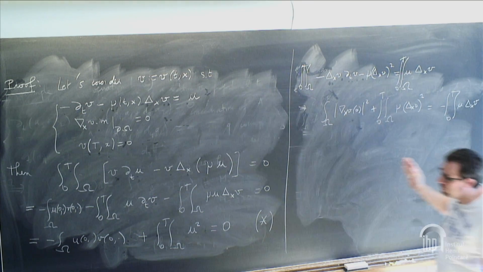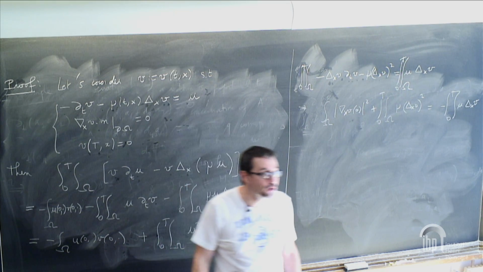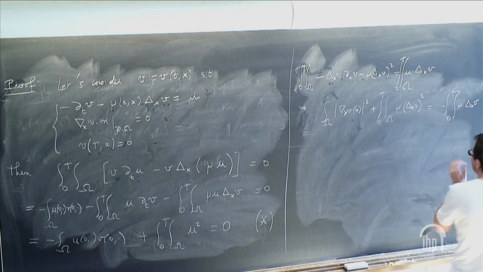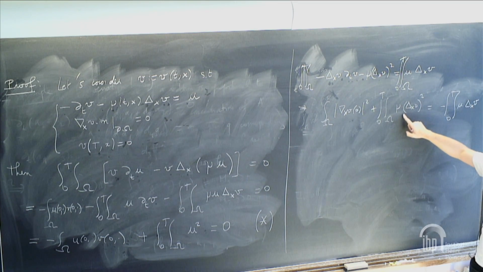So we are still far away from knowing what is v at time 0, but actually we'll be going in the right direction because you can see that by using Young's inequality, it will be possible to, let's say, estimate this term by this term here, provided that mu does not go to 0.